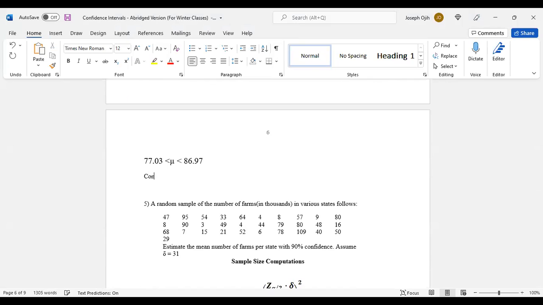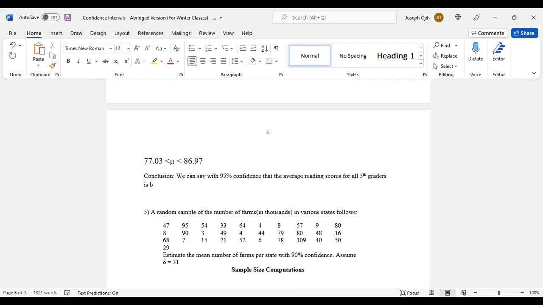So your conclusion is this. We can say with 95% confidence that the average reading scores for all fifth graders is between 77.03 to 86.97.